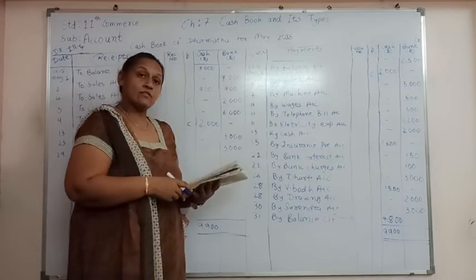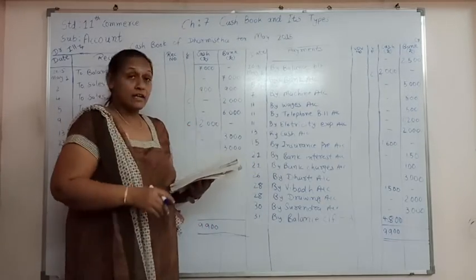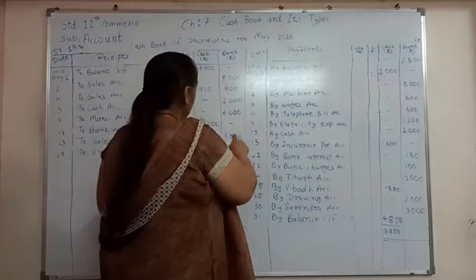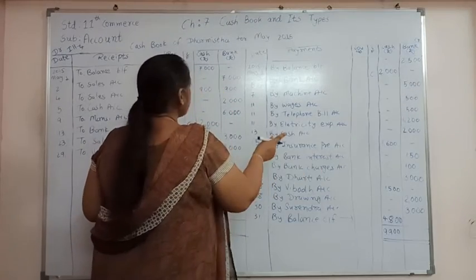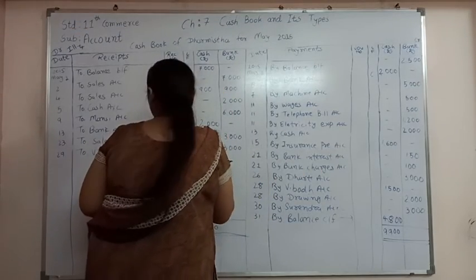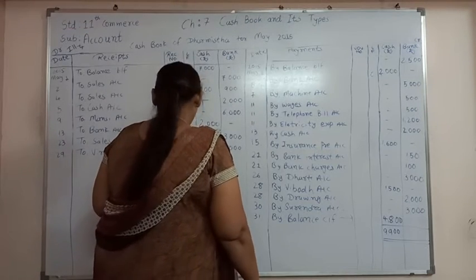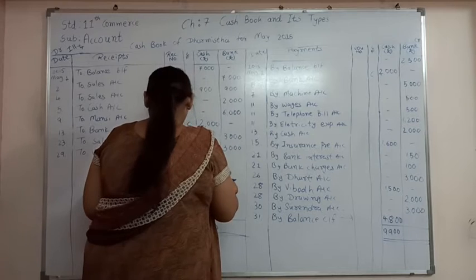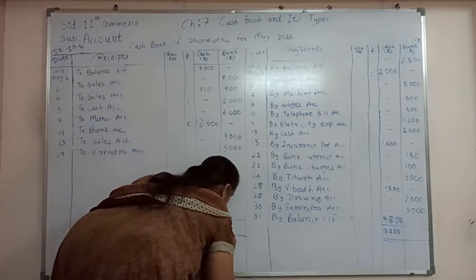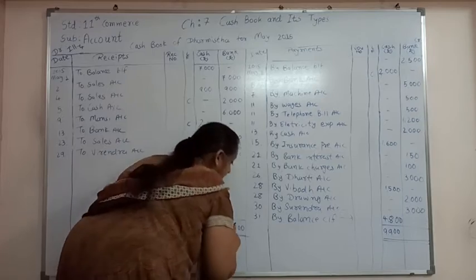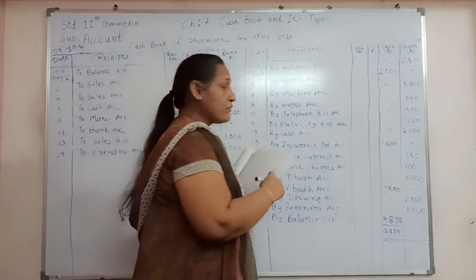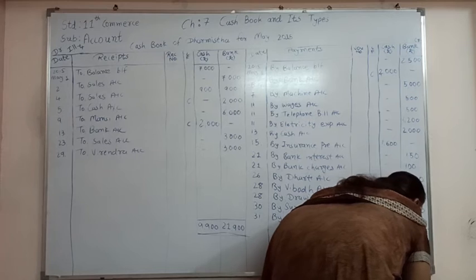Again, let's see the balance of the bank account. We can see on the bank side the debit side is again more. The total of the debit side is 21,900. This 21,900 we are going to take to the credit side.